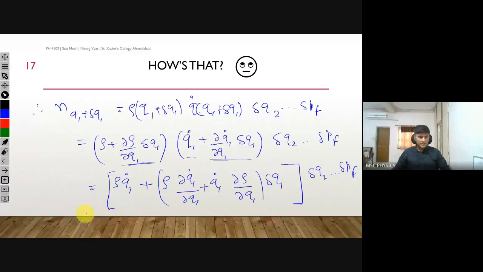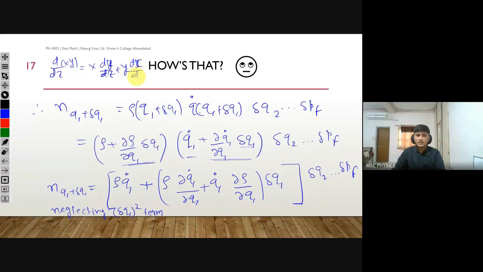Okay, so what I did was neglecting the delta Q1 square term in this product. And this is what Q1 plus delta Q1 is. If you see this, I hope you know that d by dz of xy is equal to x dy by dz plus y dx by dz.